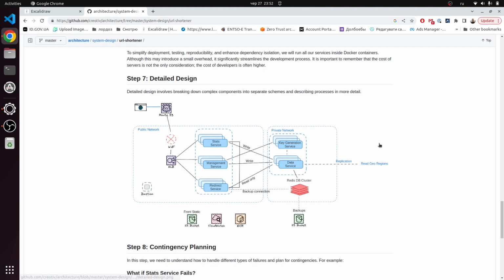What is a service group? It's basically a service that consists of many different services. For example, if we have a big solution that includes a URL shortener, then this whole system will be basically one service group. Why?